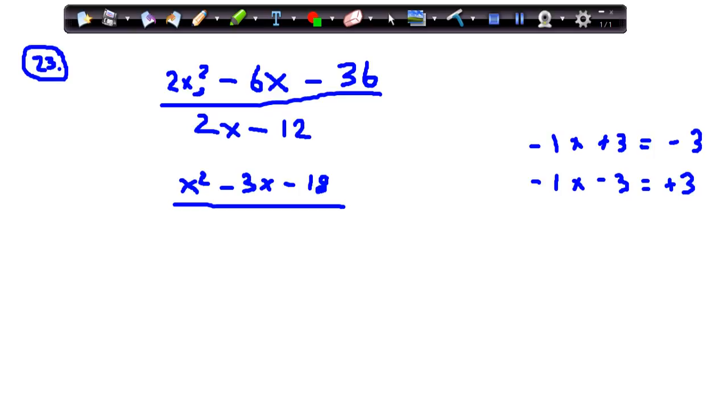We noticed that all the terms in the problem are divisible by 2, so we simplify by dividing by 2. We simplified the numerator so far. Let's now simplify the denominator, 2x minus 12.